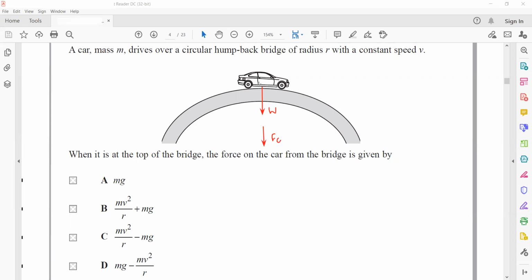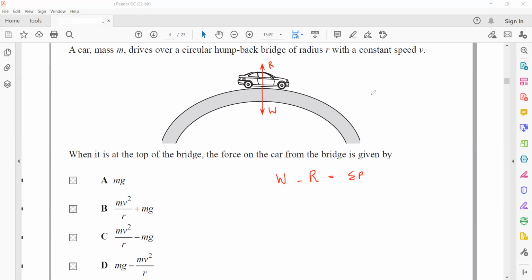And what about the normal contact force? Because when objects are in contact with each other, the normal contact force will act upward. So there should be a resultant force which is acting towards the center. So we can say that weight minus the normal contact force, the force from the surface, should be equal to the resultant force.